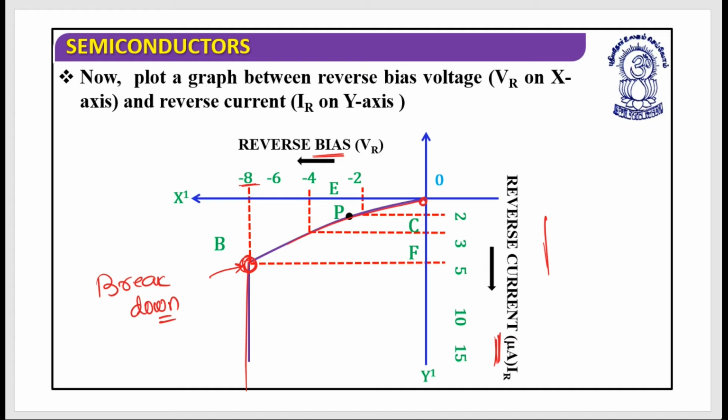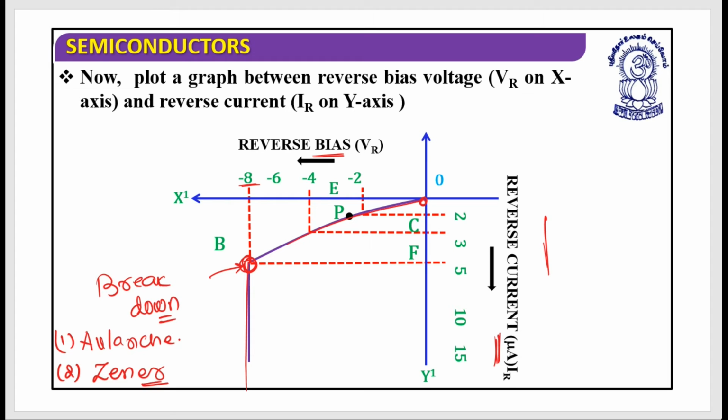Basically two types of breakdown can occur. One of them is the avalanche breakdown, and the second one is the Zener breakdown. Just remember their names here. We are going to discuss them in the coming slides, but please note that there are two types of breakdown that can occur: the avalanche breakdown and the Zener breakdown.